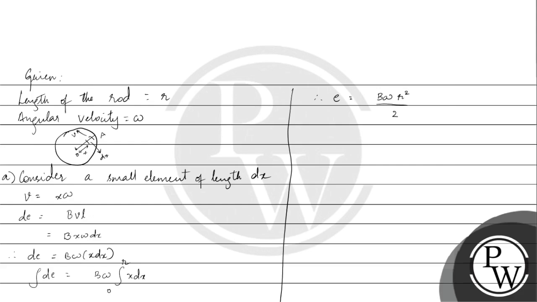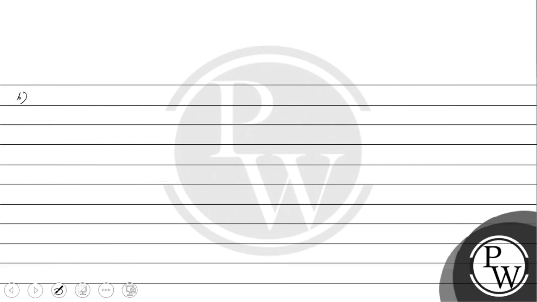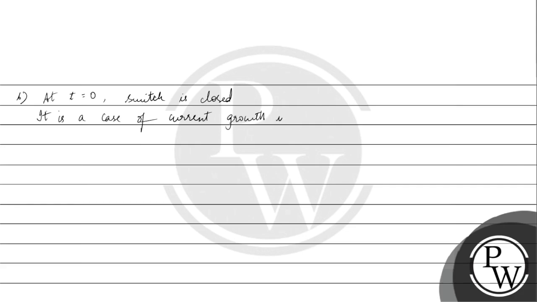So the current at any instant of time in an LR circuit is given by I naught, so अगर वो current growth है, so this is 1 minus e to the power minus R by L into t. So I naught is the initial current, which we have to calculate as the induced EMF divided by the resistance.